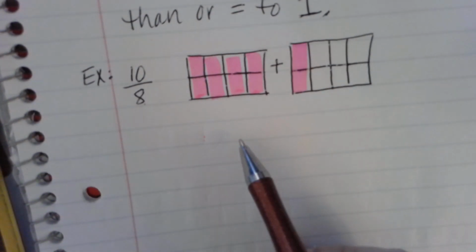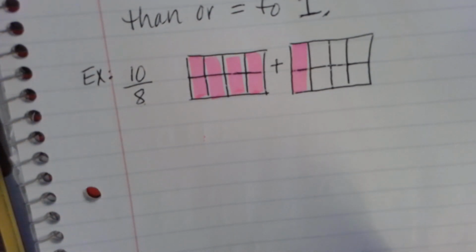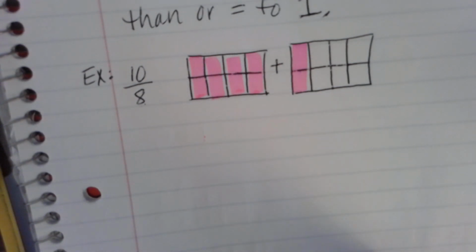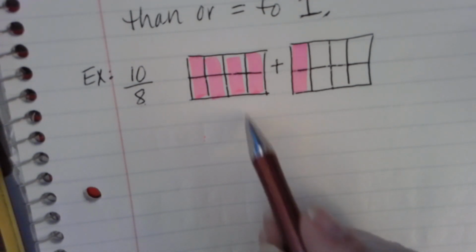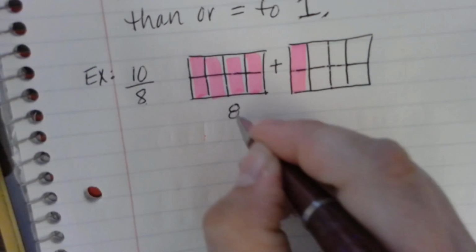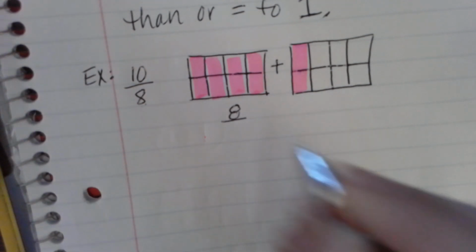Let's go ahead and let's label our cakes in fraction form. So Isaac, take a look at this first cake. How would you name this as a fraction? Remember, we're going to do part over whole. So what number would be on top of my fraction for this cake? 8. Out of how many slices? 8.